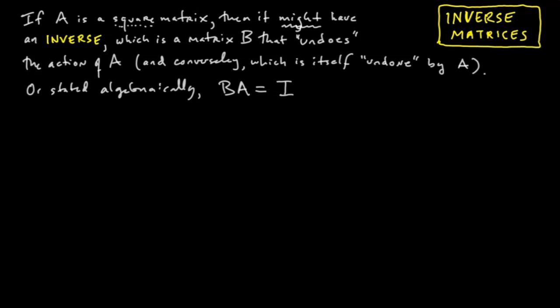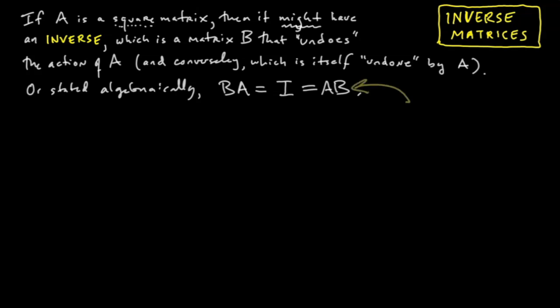But we also said that to be an inverse, not only does B undo A, but B is undone by A. A undoes B, which means that the matrix product AB must also be equal to the identity matrix. And for the same reason, if A and B are inverses of one another, they undo each other's action.